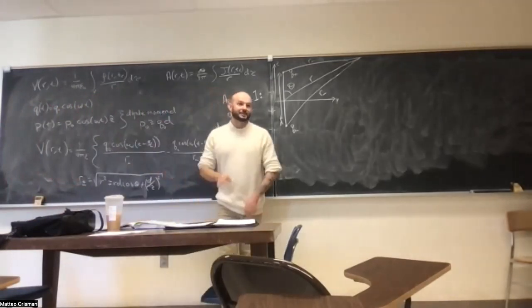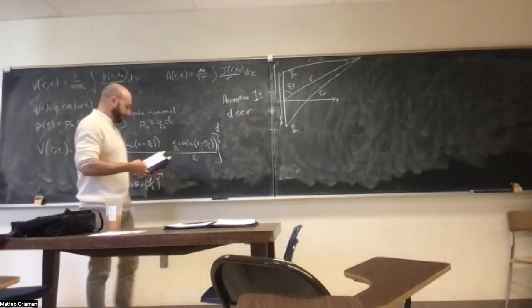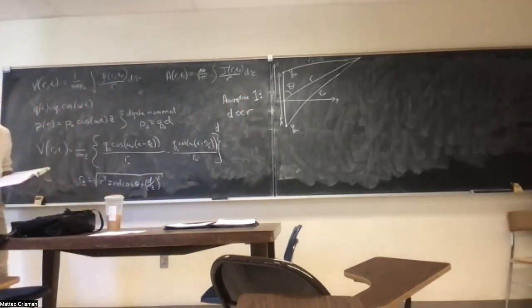We're just going to make some assumptions because otherwise the math is just, you know. If d is 0, you get no potential, because then the charges are just on top of each other, so no dipole at all.